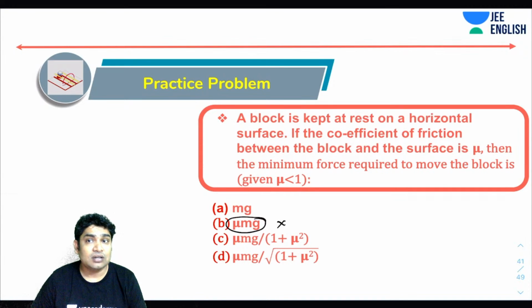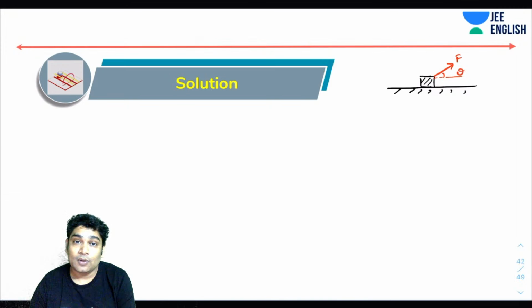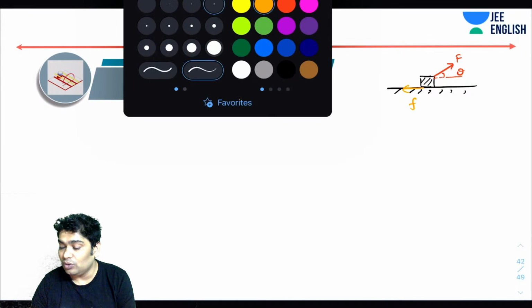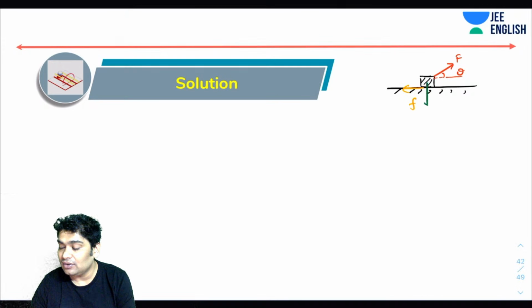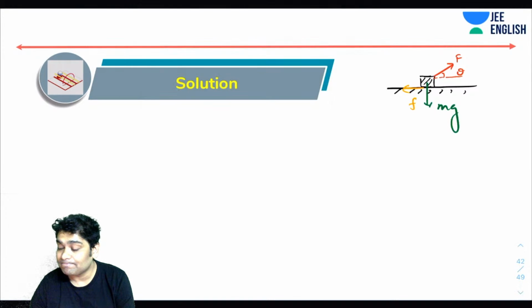You were just asked about the minimum force required to move the block. So you assume that your force F is acting in some direction at an angle of theta. Then a force of friction would come into play in this direction. You would also have two more forces, mg and N, acting in the vertical direction.